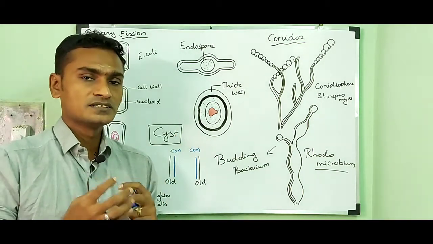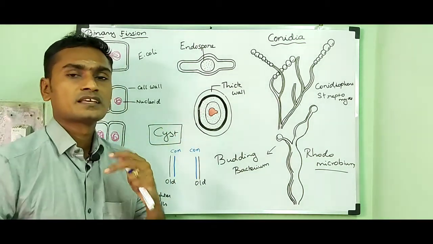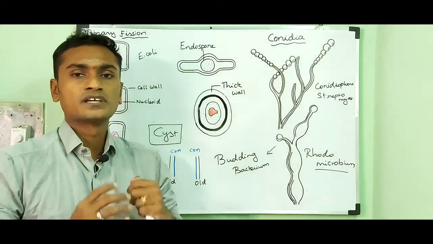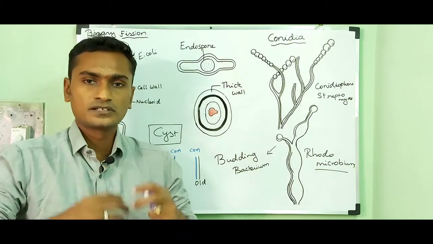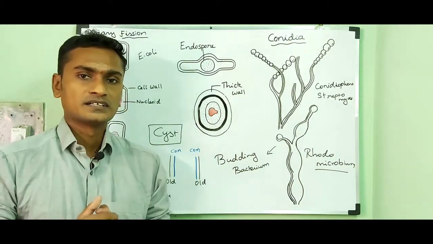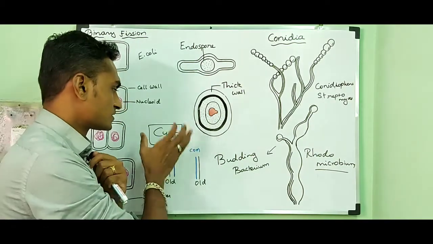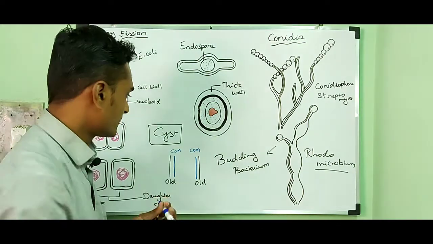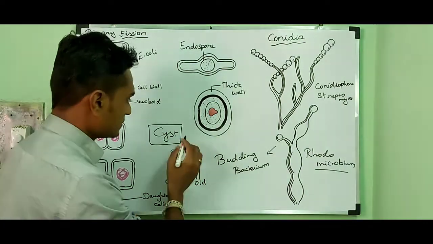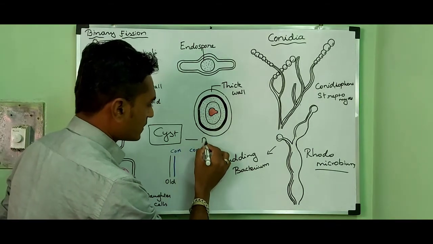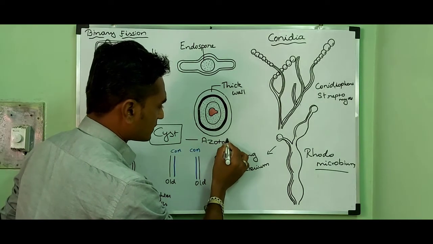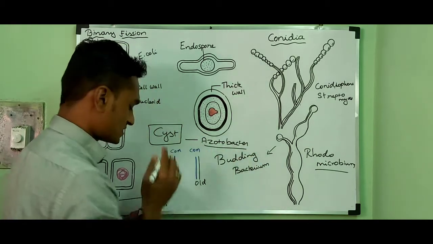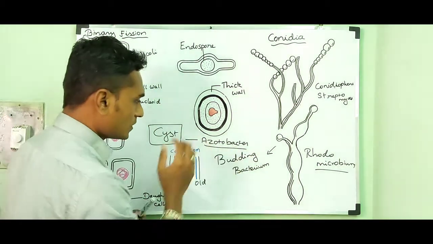During favorable condition, the bacteria can behave as a mother cell and multiply into many bacteria. An example for cyst forming bacteria is Acetobacter.